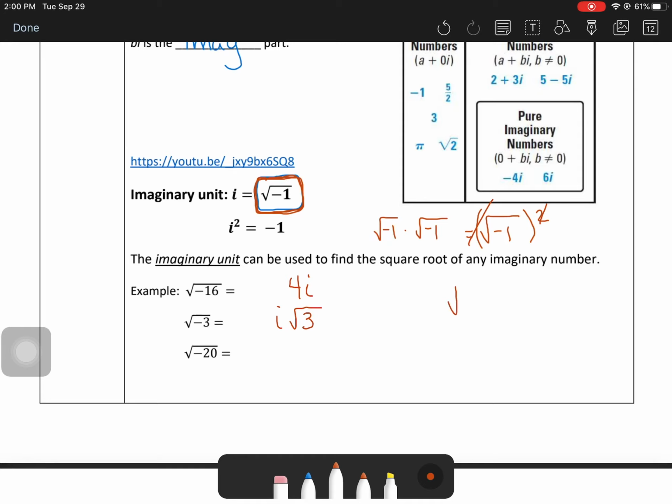When we find the square root of -20, remember that we are making a factor tree to simplify 20. And so when there are two 2's, one of the 2's can come out, which is really the square root of 4, which is 2. The 5 is going to stay under the radical, and the negative sign will come out as the i.